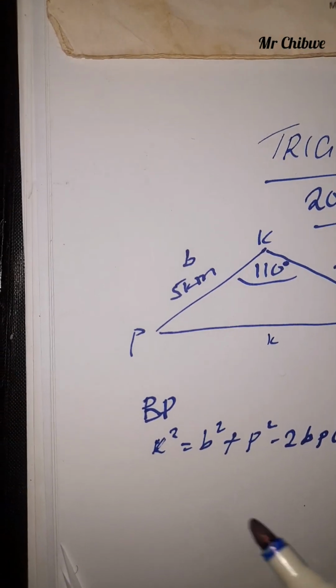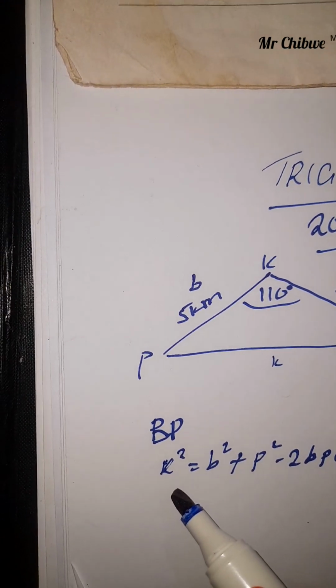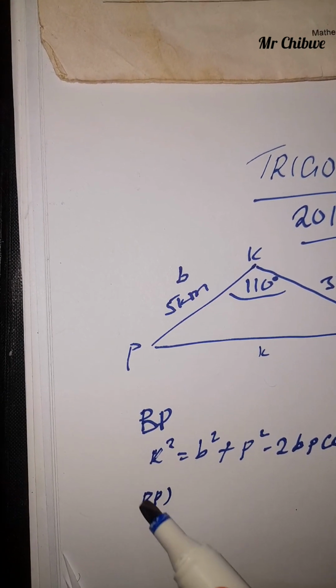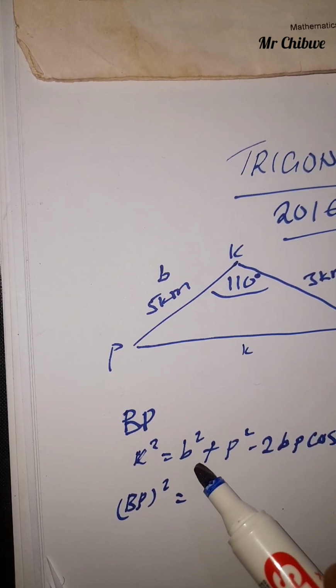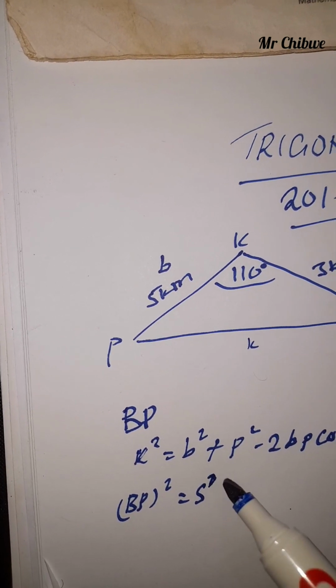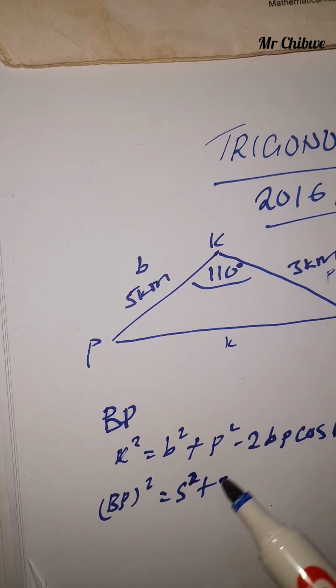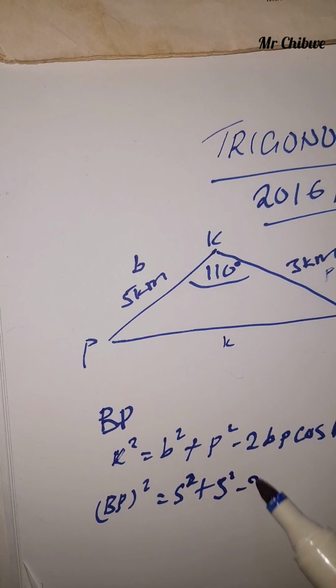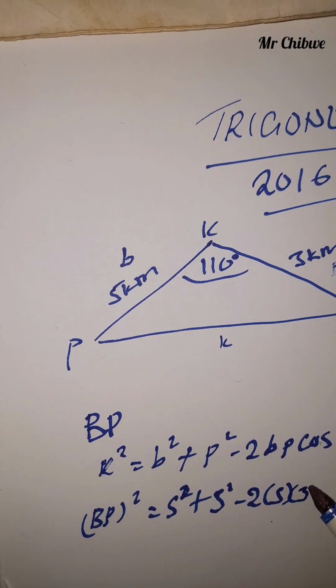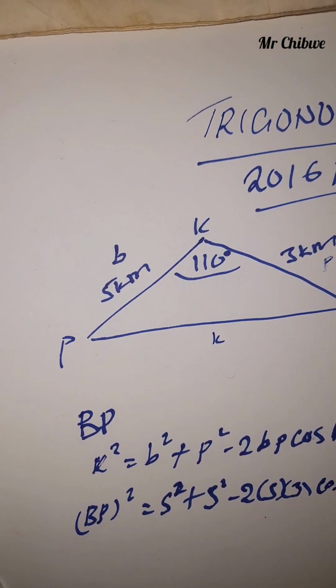Then it's just a matter of substituting. BP squared is equal to 5 squared plus 3 squared minus 2 times 5 times 3 cos 110.